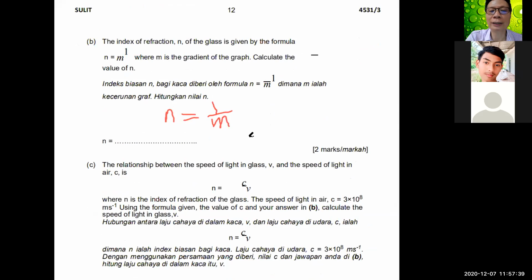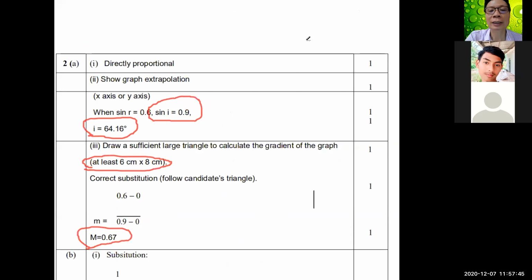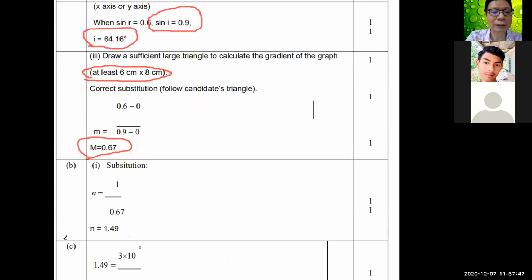This one is 2 marks, like bonus marks, 1 divided by gradient. So the answer is 1.49. You see, 1 over gradient 0.67, you get here. So n equal to 1.49. Remember now, refractive index has no unit. This one, no unit.